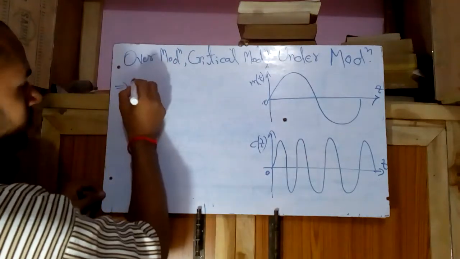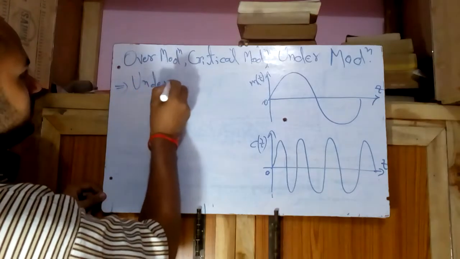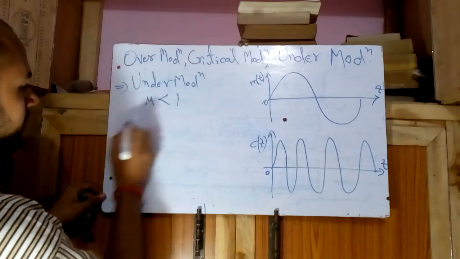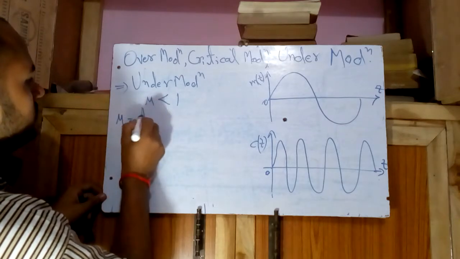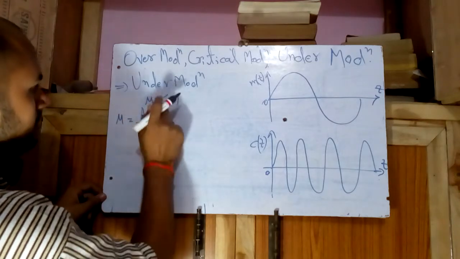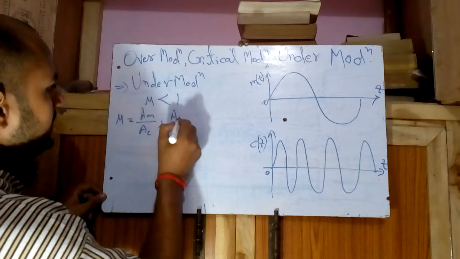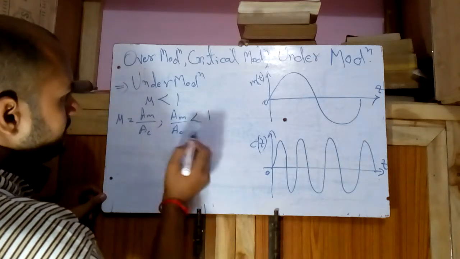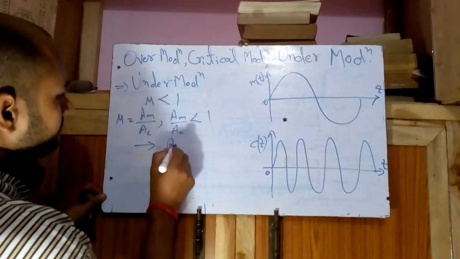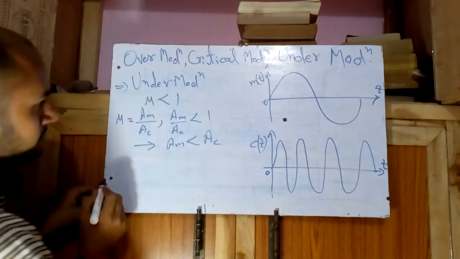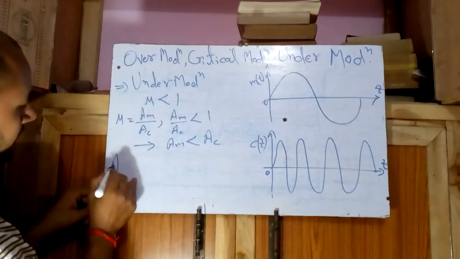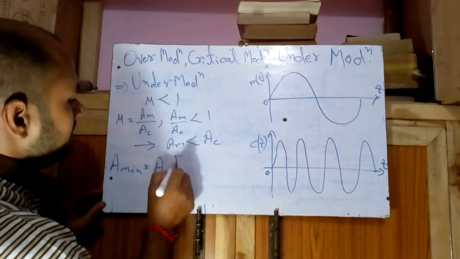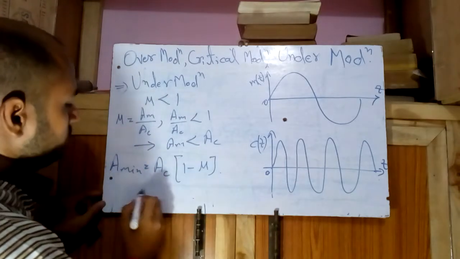So for under modulation, we know that mu is less than 1. I have told you mu is equal to Am by Ac, that is less than 1. So Am by Ac is less than 1, means Am is less than Ac. And A minimum, I have told you the formula: A minimum will be Ac into (1 minus mu).